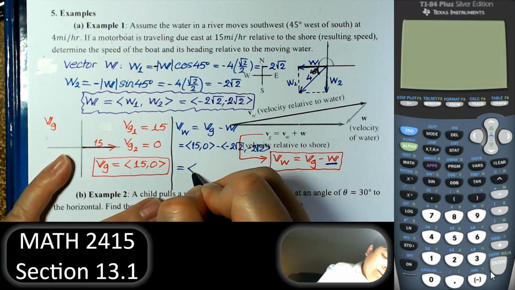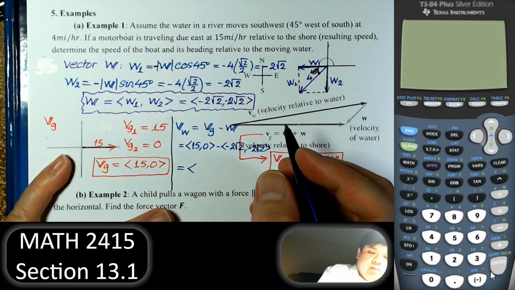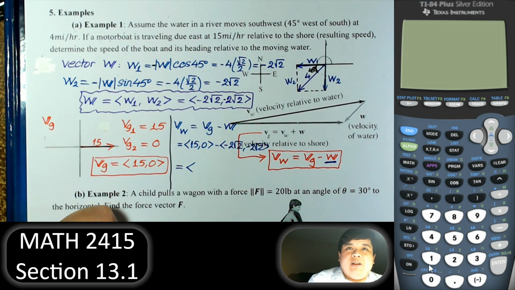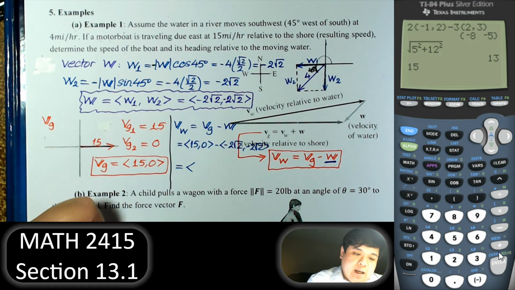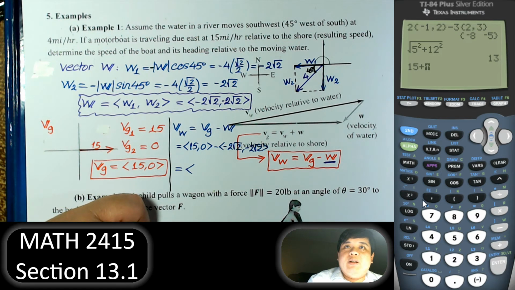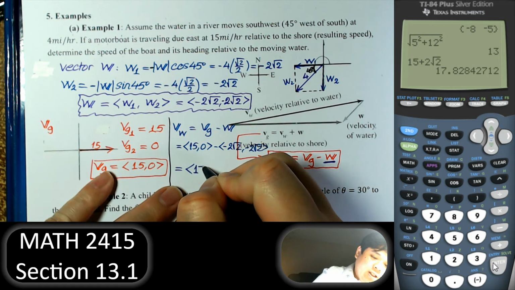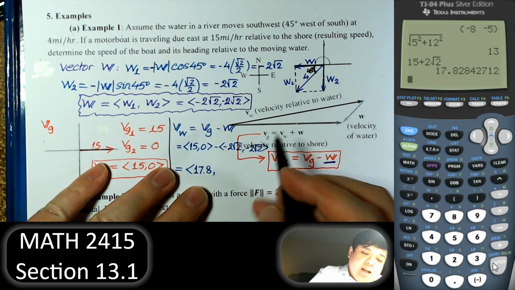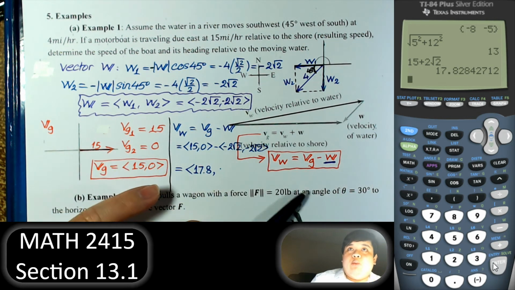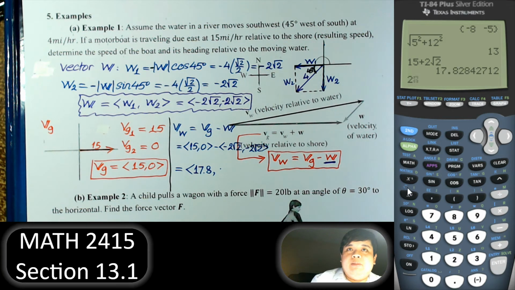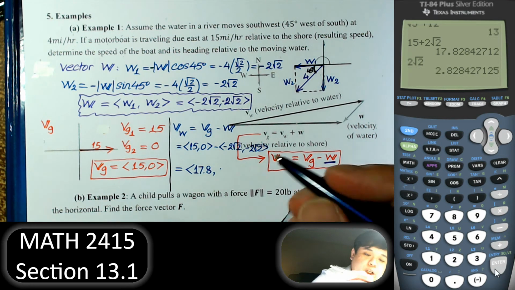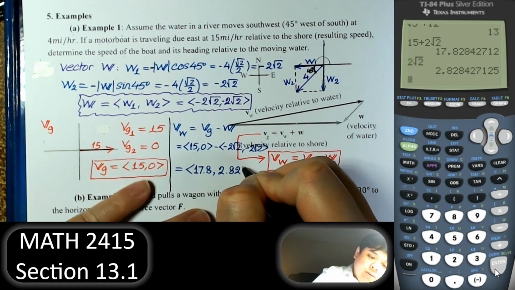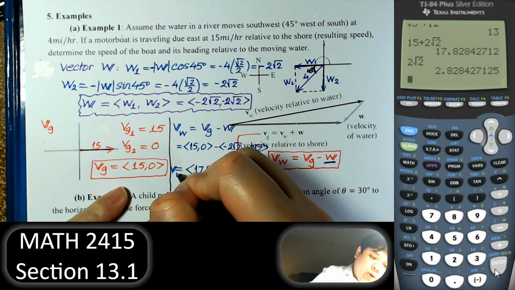And so we have 15 minus a negative, plus 2 square root of 2, to get an approximation, about 17.8. And then 0 minus negative 2 square root of 2, so 2 square root of 2, like 2.8. So this is the velocity with respect to water.